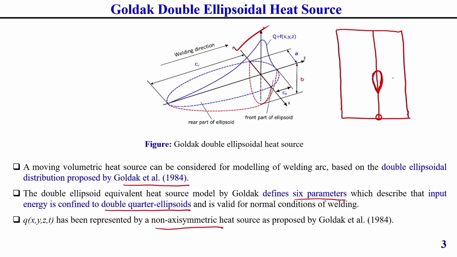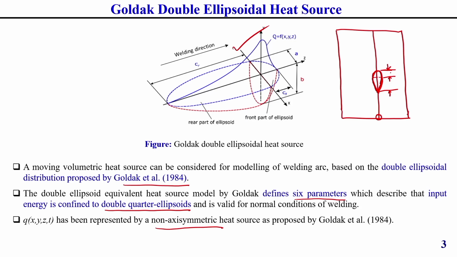Now, you can divide this into two parts. This front part resembles one type of ellipsoid, and this back part represents another type of ellipsoid. So, this is one part of the ellipse and this is another part of the ellipse.